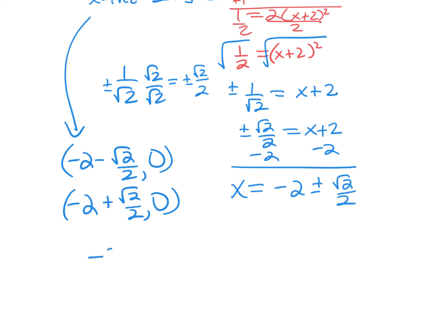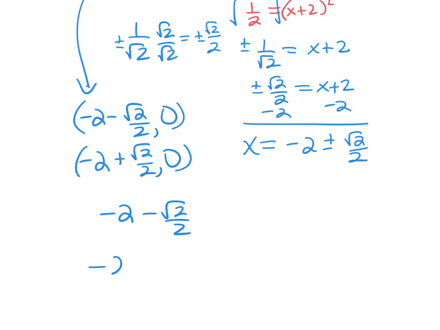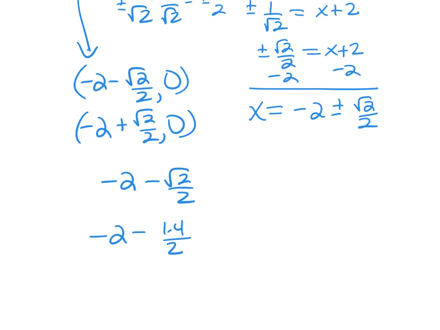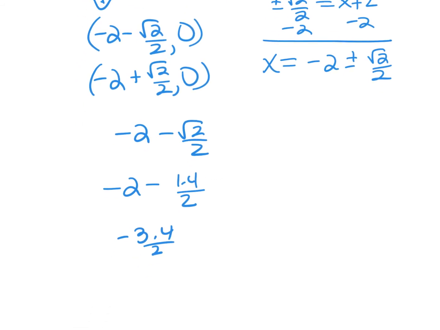So if we did -2 minus root 2 over 2, that would be -2 minus 1.4 over 2. And we could approximate that to be about -3.4 over 2. Then we could divide that just to see if we're kind of close.